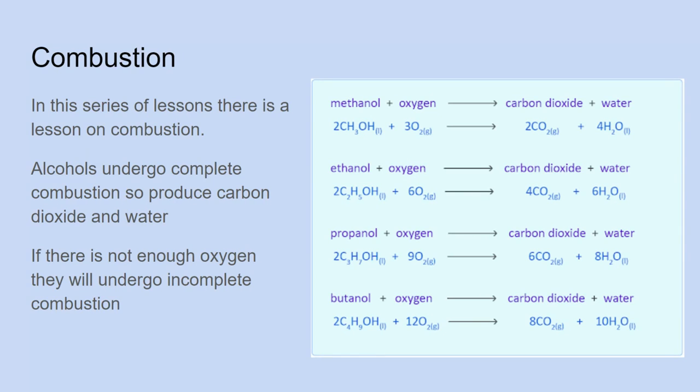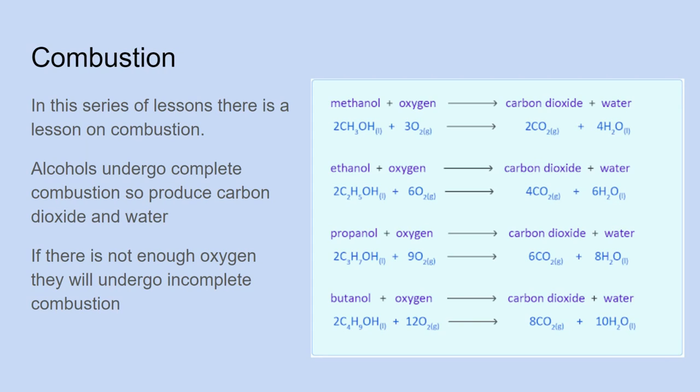So alcohols normally undergo complete combustion, so they normally burn quite well, so they're quite flammable. They're also quite clean when they combust, meaning that they only produce carbon dioxide and water and not other things like carbon monoxide or carbon.